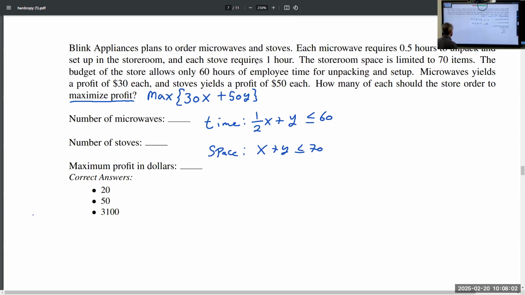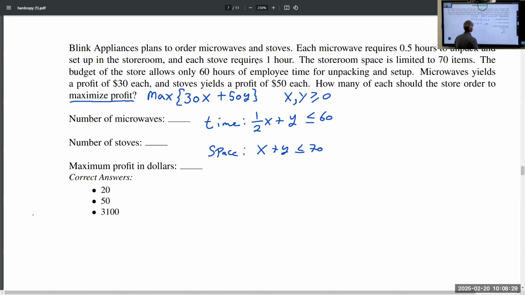And I also claim that we can't have a negative amount of microwaves. We can't have a negative amount of stoves. That's not possible. So I think X and Y have to be greater than or equal to 0. You could have 0 microwaves, but you can't have a negative amount of microwaves.